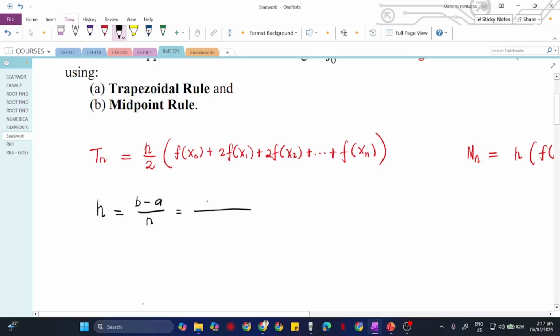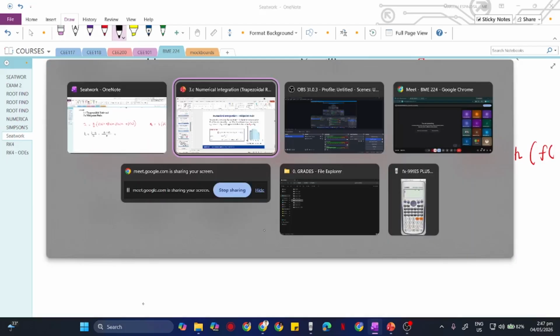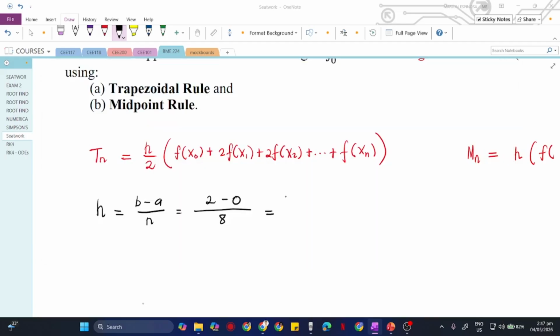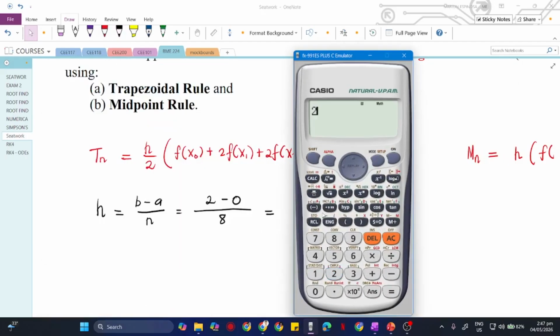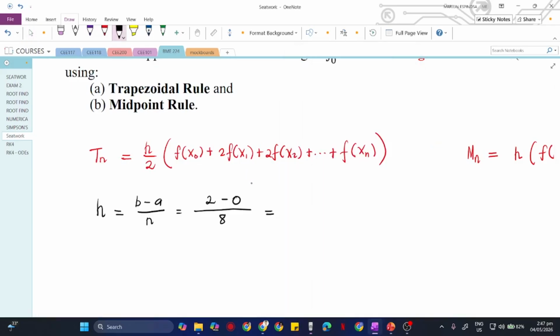So, yung B natin is 2, yung A natin is 0, number of subintervals is 8. So, meaning to say, tama ba? Our step size will be 2 over 8, or that is 1/4, or 0.25. So, this is 0.25. Tama?